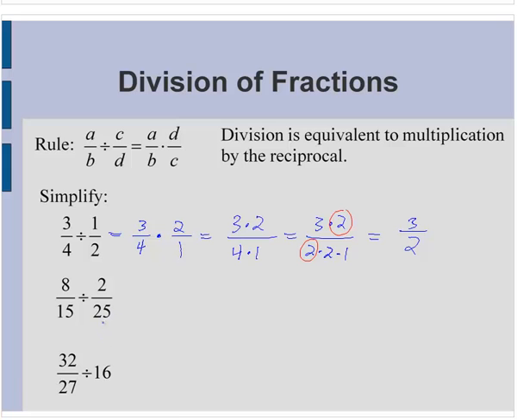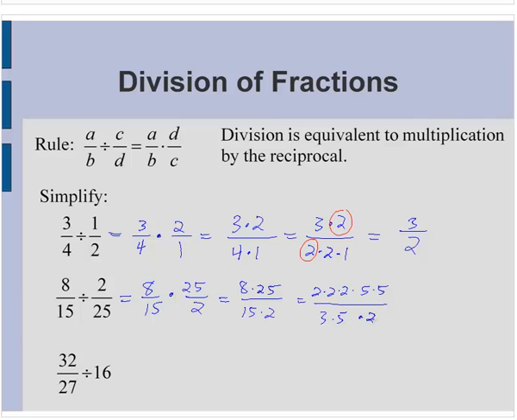All right, 8/15 divided by 2/25 is the same as 8/15 multiplied by 25 over 2. So that's 8 times 25 over 15 times 2. 8 is 2 times 2 times 2. 25 is 5 times 5. 15 is 3 times 5.